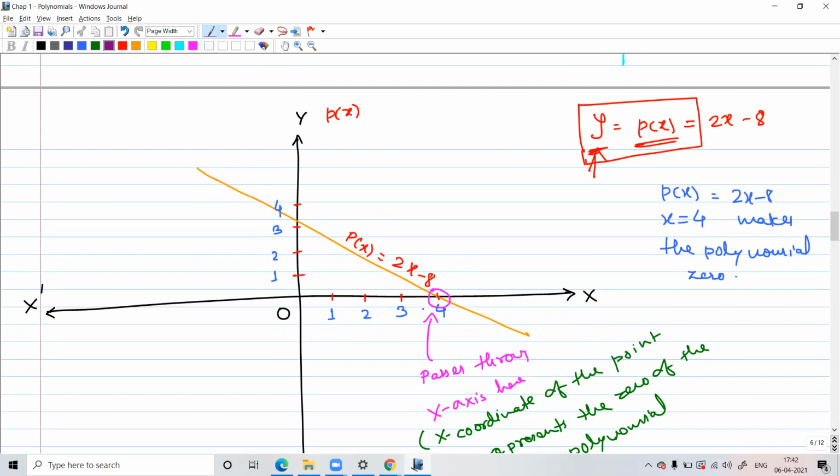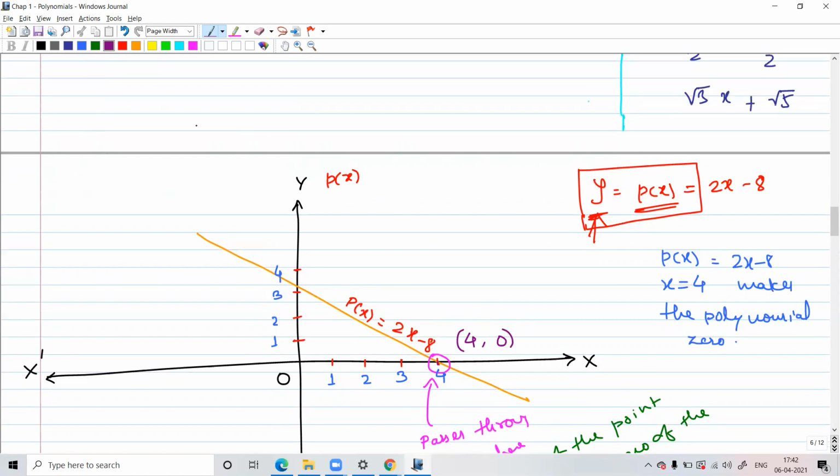Coordinate, guys. X comma y. What is x, and what is y at this point here? Yes, very good. It's 4 comma 0. X coordinate is 4 here. Is it going up or down on the y-axis? No, it's exactly on the x-axis. So on the x-axis, y is always 0. That's why this point is 4 comma 0.